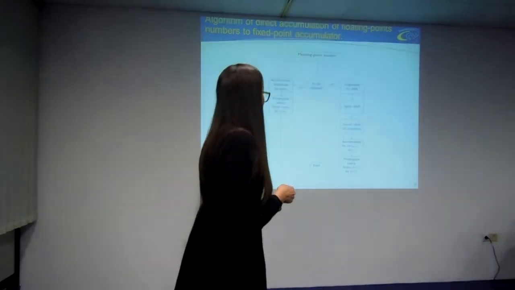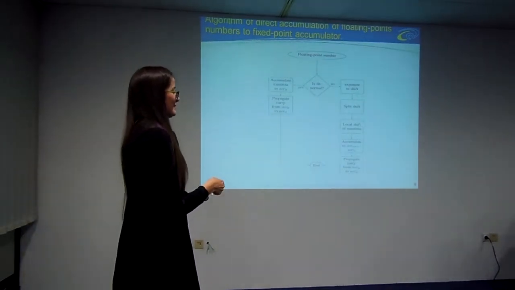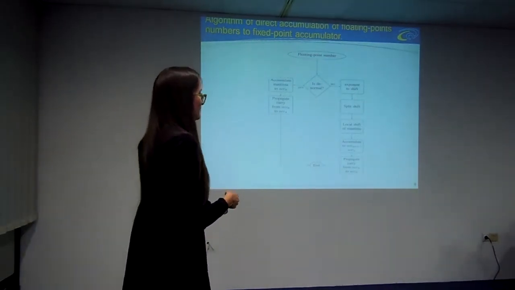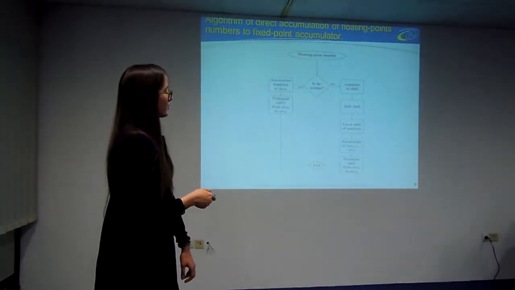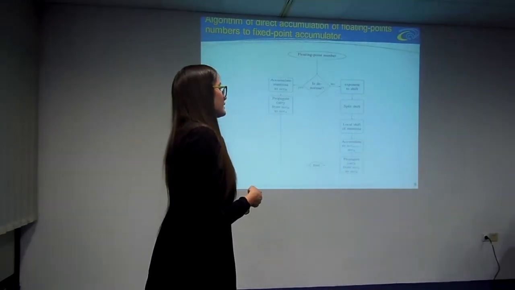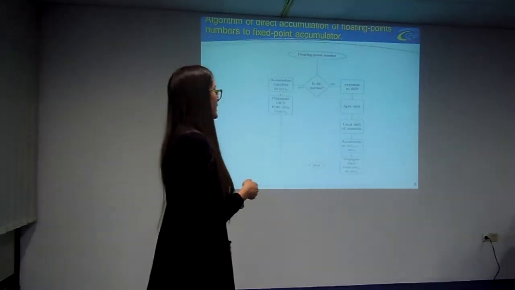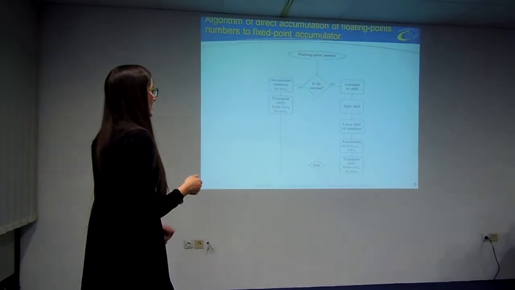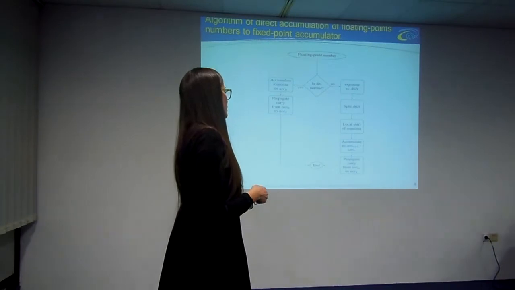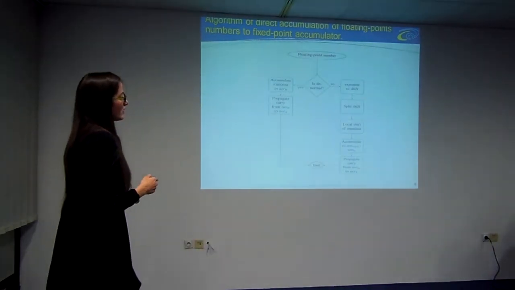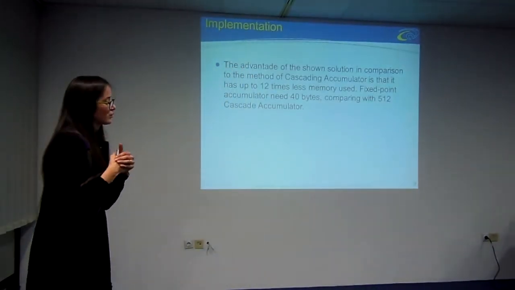The local shift will be used for the mantissa, and after that, the global shift will decide which accumulator number will be added to the temporal accumulator, and the carry will be propagated from accumulator n plus 1 up to accumulator 4.